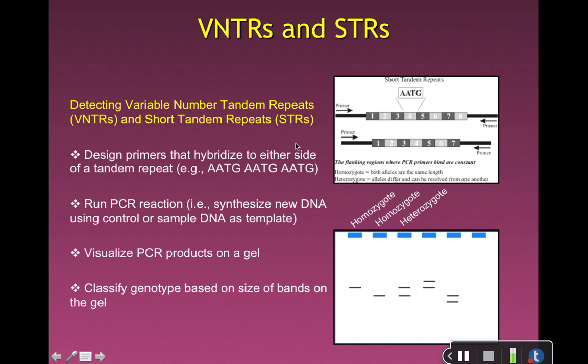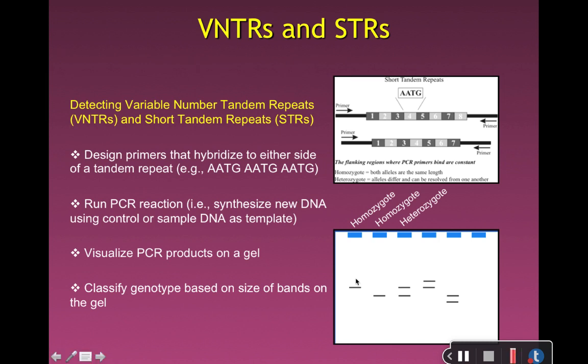And so these regions, these VNTRs and STRs, can be identified simply using PCR, where you have primers on either side of your repeated units of DNA, and you can amplify those. And again, the differences in terms of how many times those sequences are repeated can be different among individuals, and again can assort just like normal genes do.